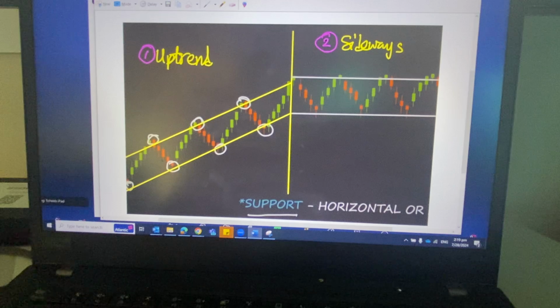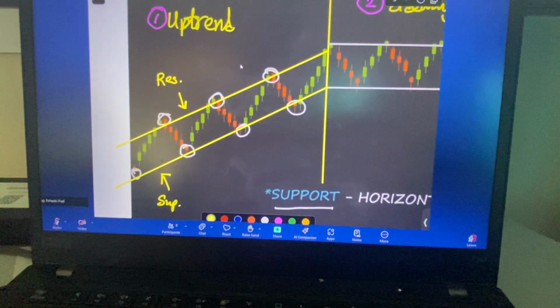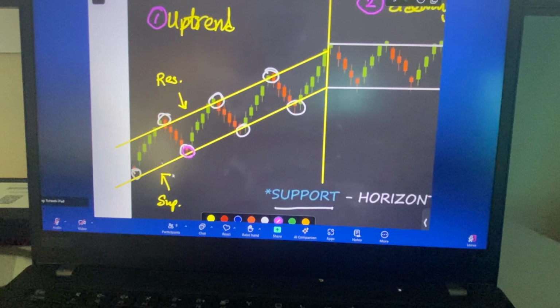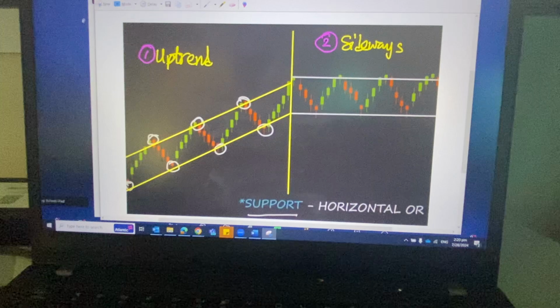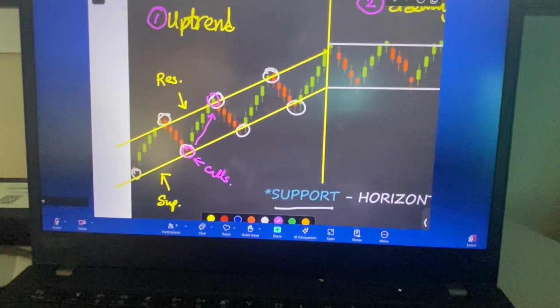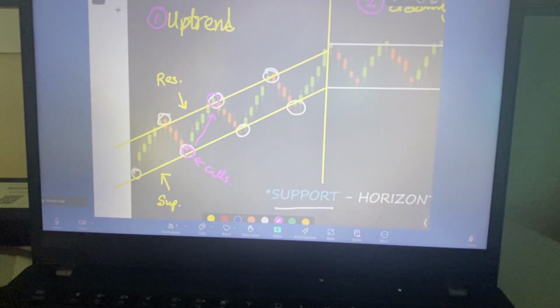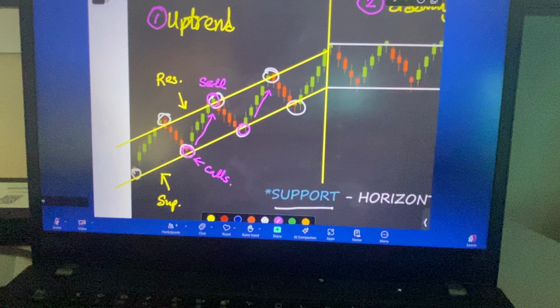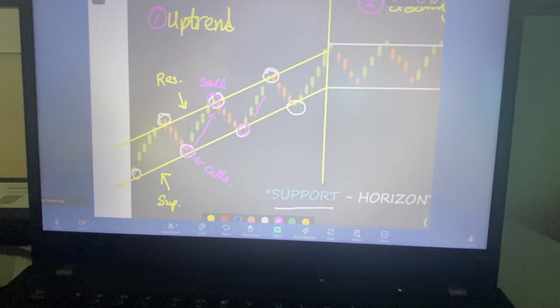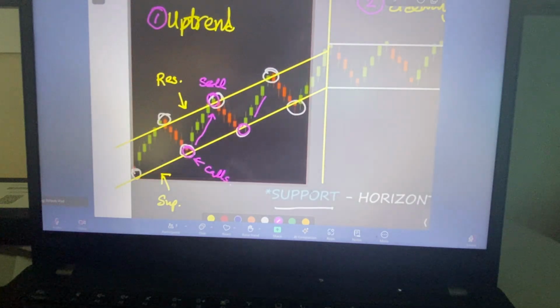As a trader, how can I take advantage of this trend? I can enter calls here, ride the wave up, and sell here. I can rinse and repeat again, and sell here as well until the trend stops.